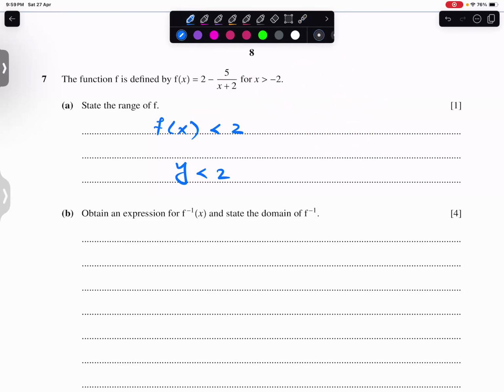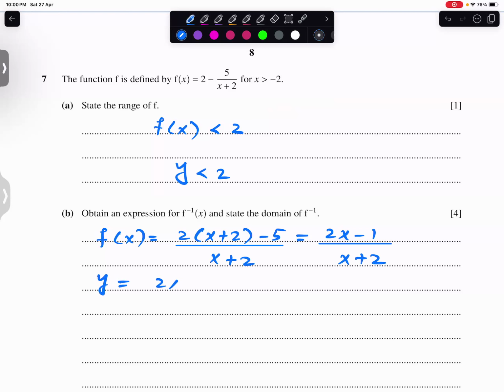So let's find f inverse of x, but before that, let's write f of x in a proper form. 2 times x plus 2 minus 5 over x plus 2. So that will be 2x plus 4 minus 5, which will be minus 1 over x plus 2.